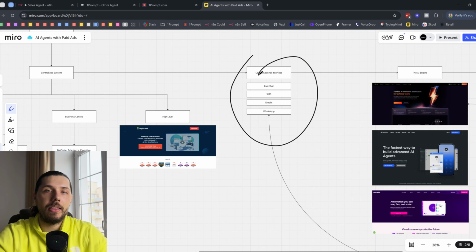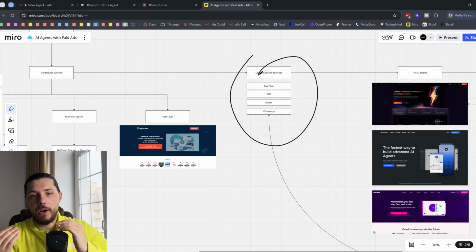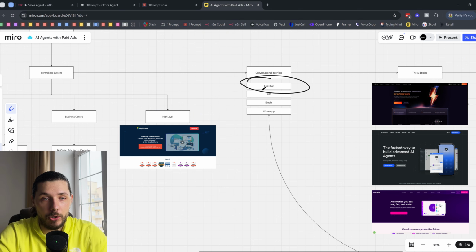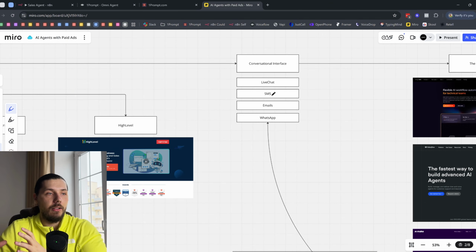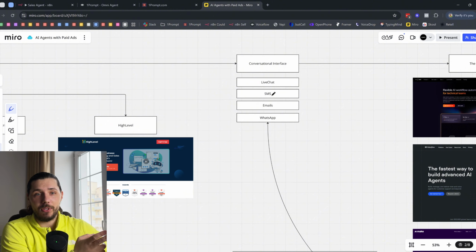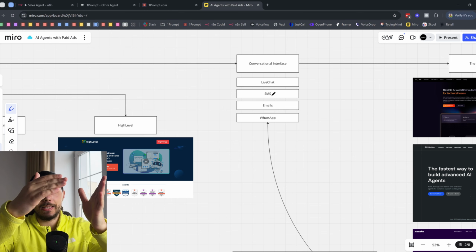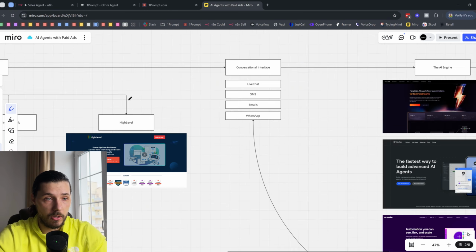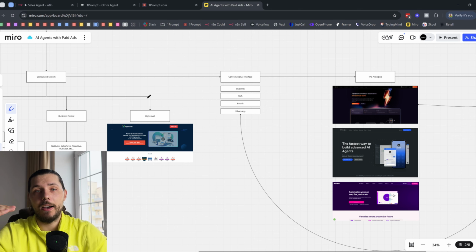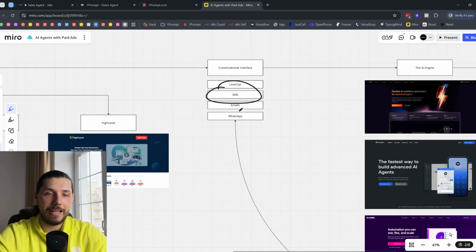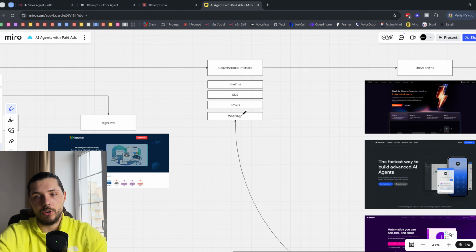Once we have the interface for people to interact with, so let's say it's the live chat, you need to have a proper way to get the live chat script and input the script to the website. You need to have a way to get the forms and submit these forms to this centralized system. You need to have a proper way to sync the SMS with the voice calls, for example, if you're building the voice and SMS agents together.